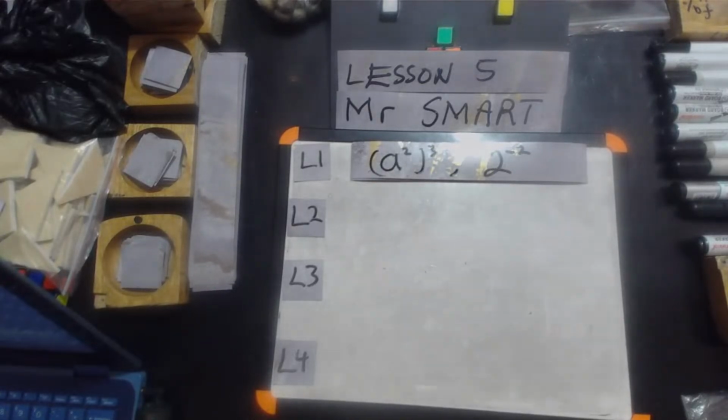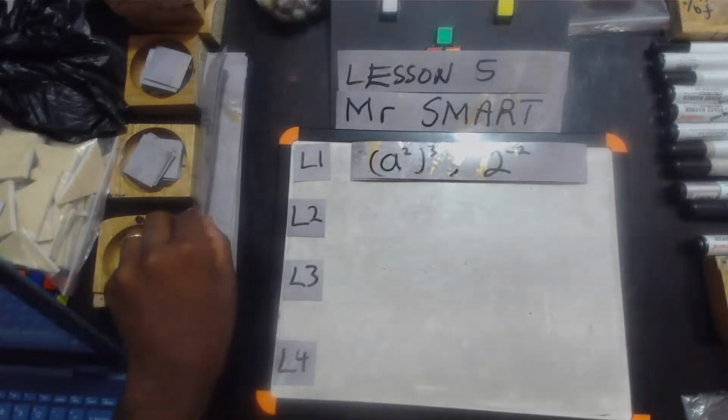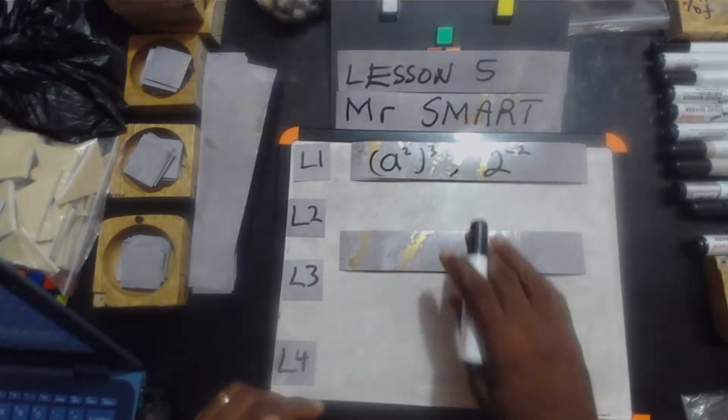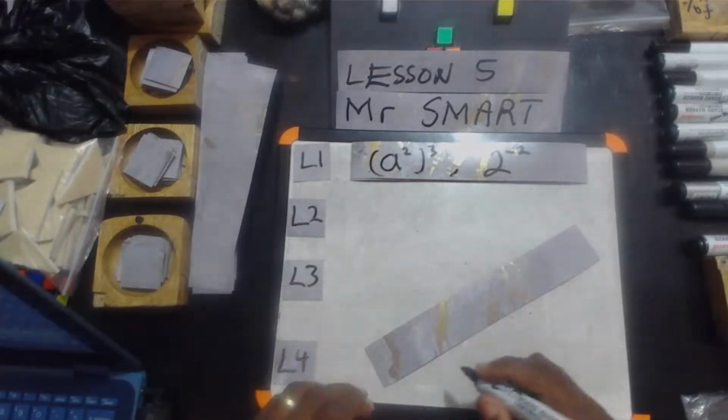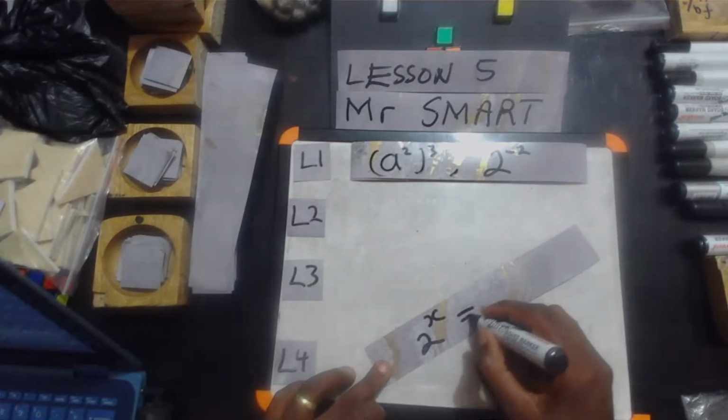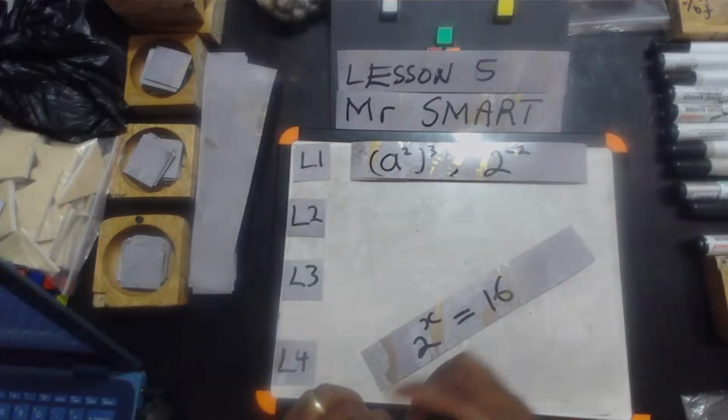So for level 2 questions, let's go and see how level 2 questions are. So the first level 2 question that we're going to look at is simplifying 2 to the power x is equal to 16.